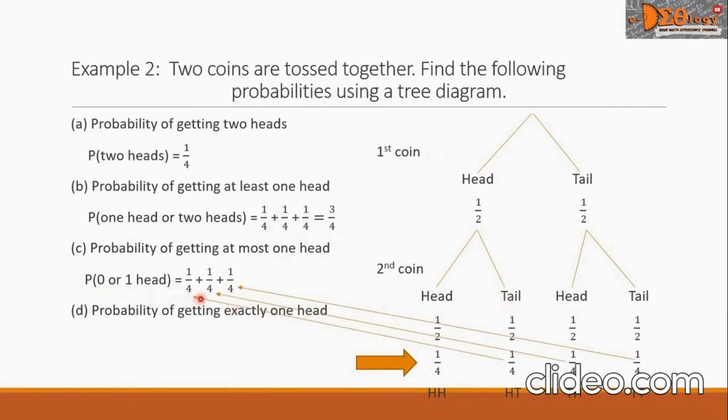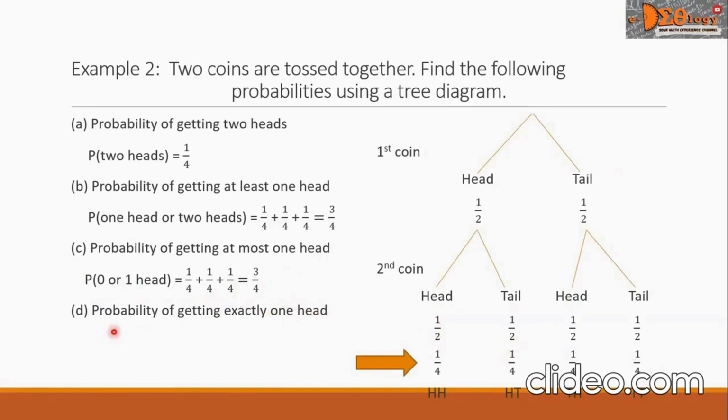Another 1/4 comes when we have tail in the first coin and head in the second coin, plus 1/4, and this comes from tail in the first coin and tail in the second coin. So we have the answer as 3 over 4.